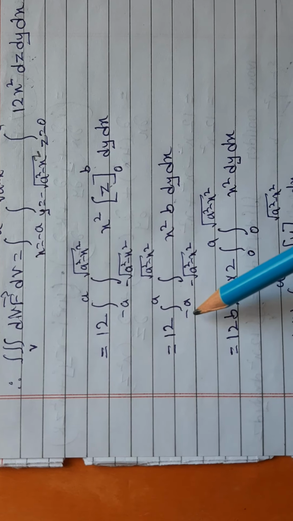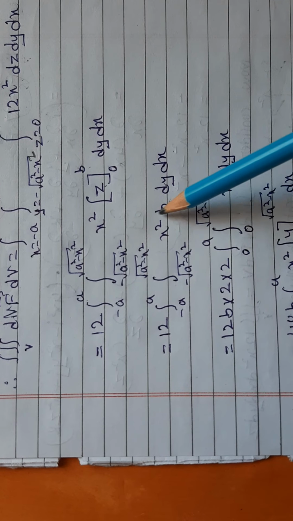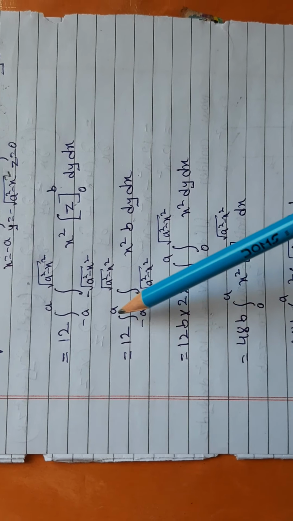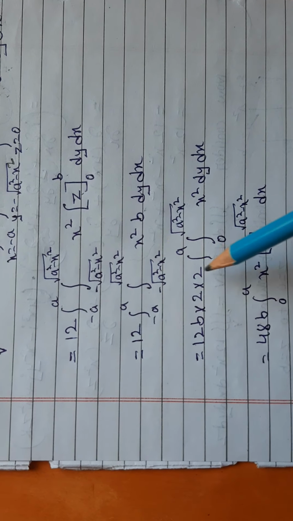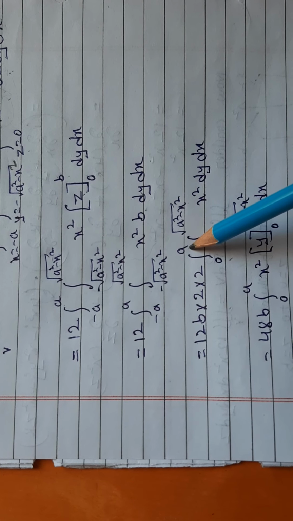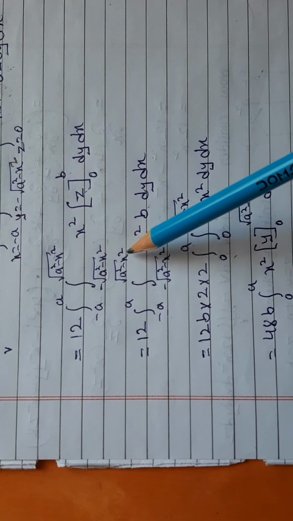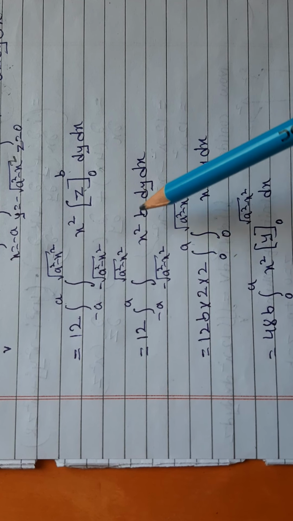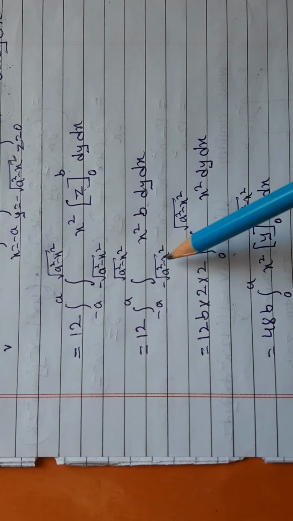Next, x^2 is an even function. Therefore this limit can be written as 2 times the integration over 0 to a. And the constant term with respect to y is also an even term.